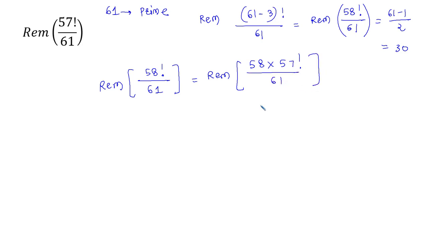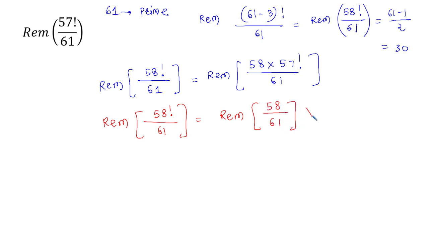Now we can write it further: the remainder of 58 factorial divided by 61 is equal to the remainder of 58 divided by 61 into the remainder of 57 factorial divided by 61, by using our second rule which we saw in the first video.